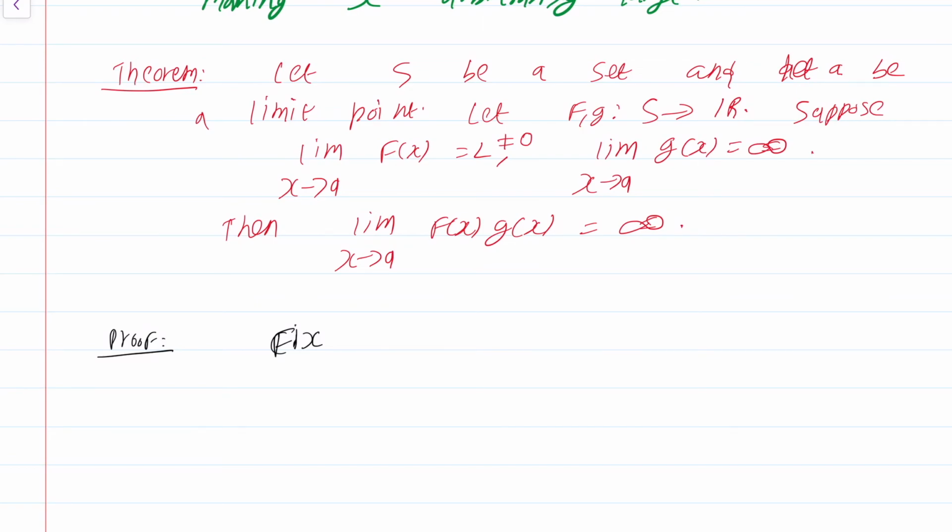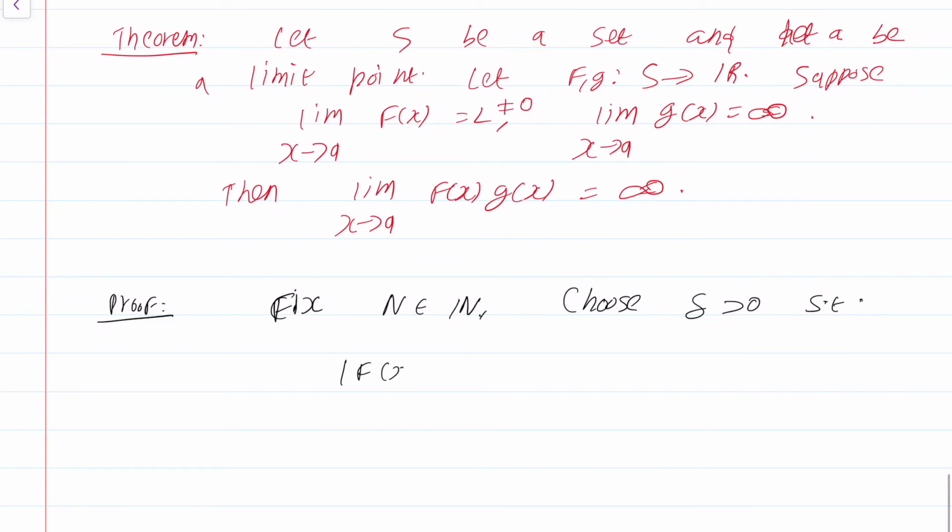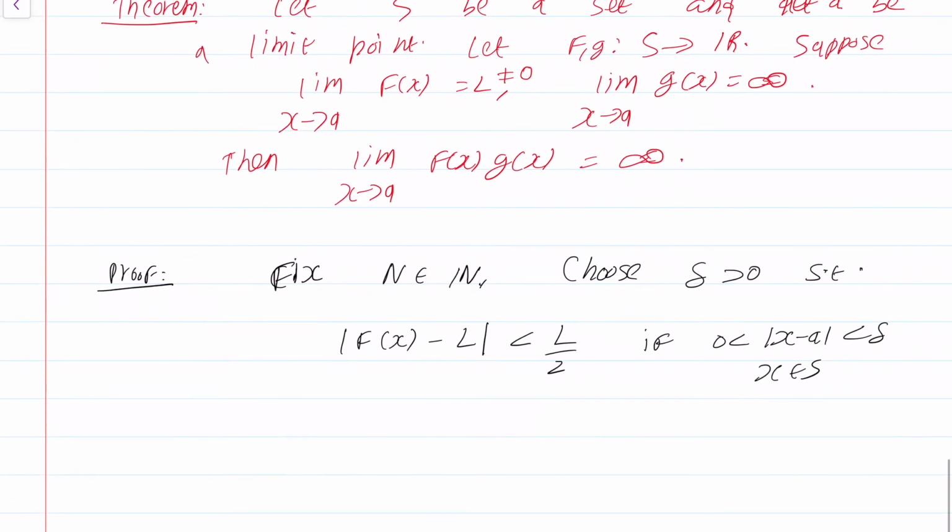So fix n in N. Now choose delta greater than 0 such that, first of all, |f(x) minus L| is less than L by 2 if 0 is less than |x minus a| less than delta and x is in S. And second, |g(x)| is greater than 2n by L under the same condition.